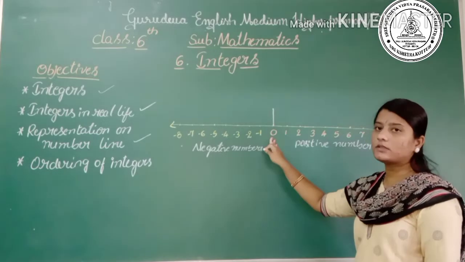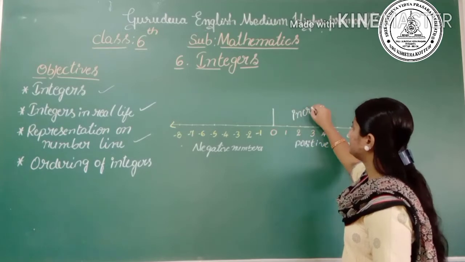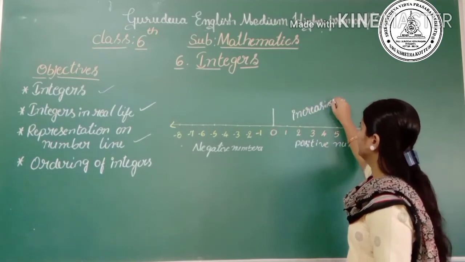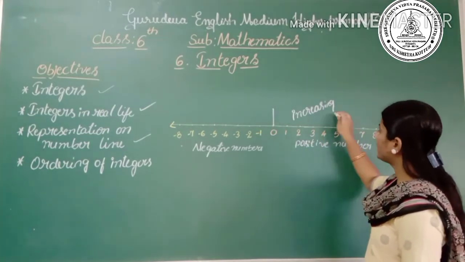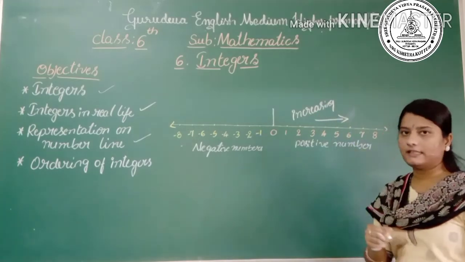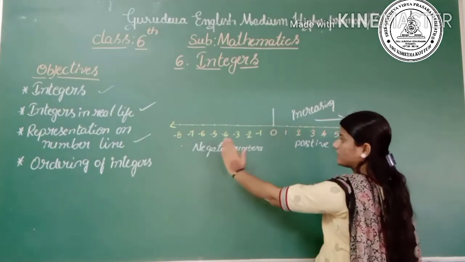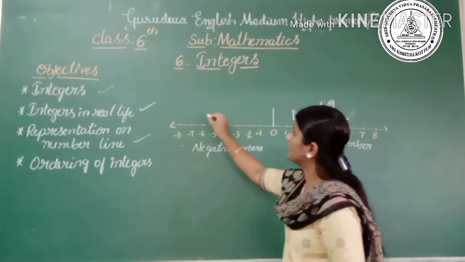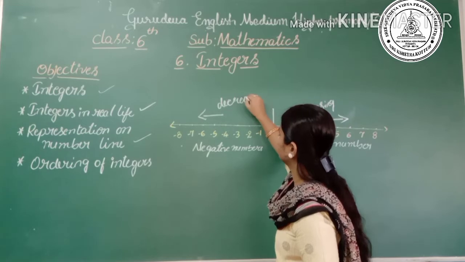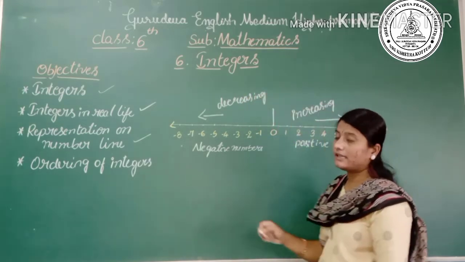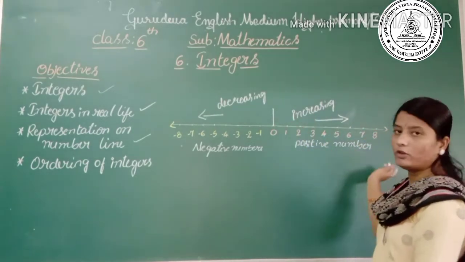If the number goes on to the right of the 0, the value goes on increasing. So the number marked on the left of the 0, the value goes on decreasing. The value goes on decreasing to the left of the 0. The value goes on increasing to the right of the 0.